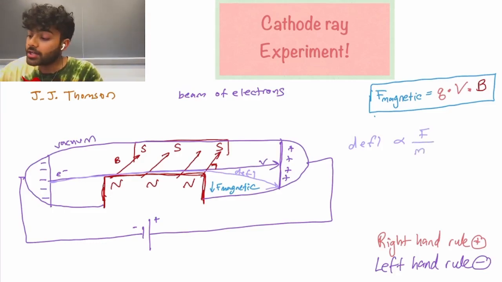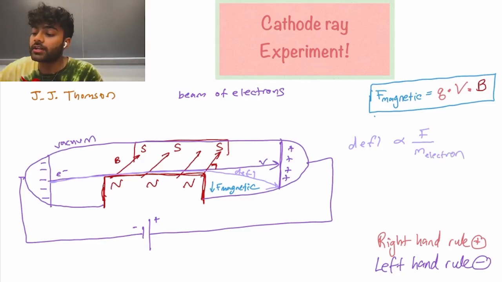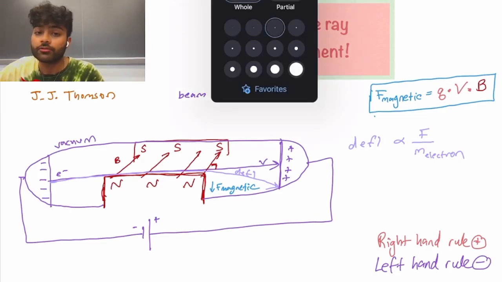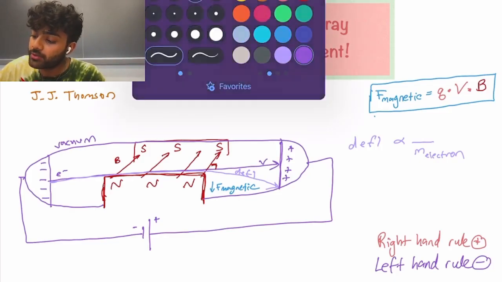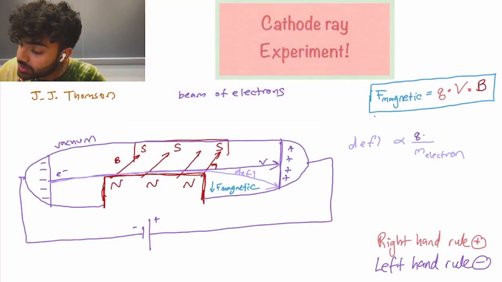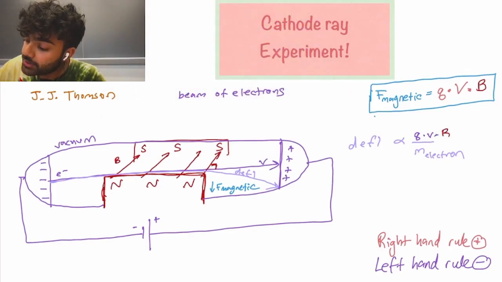The actual object that's deflecting is an electron, and the force causing that deflection is the magnetic force. But we can write magnetic force more specifically as that equation. So let's erase our F and replace it with our magnetic force equation: Q times V times the strength of our magnetic field.